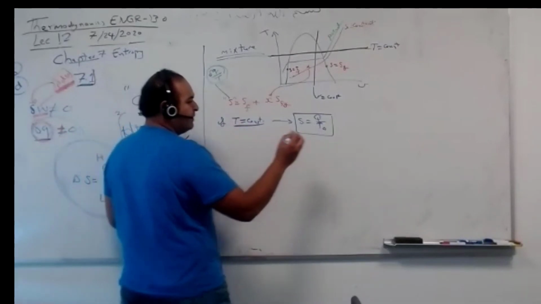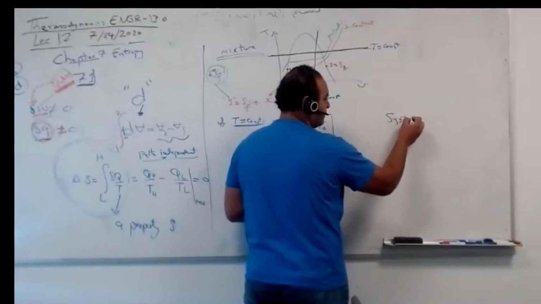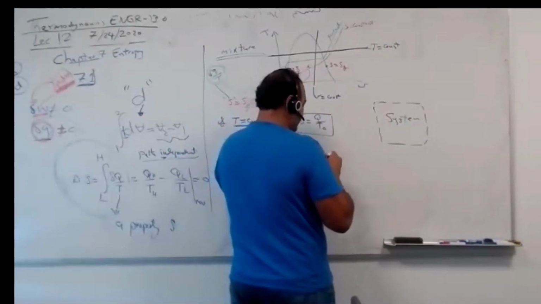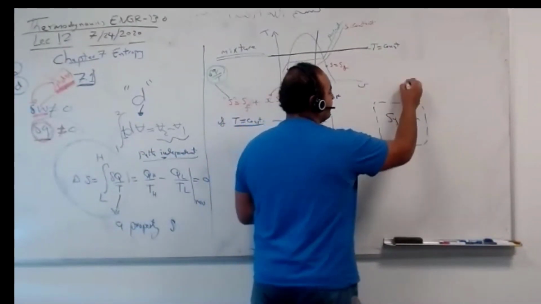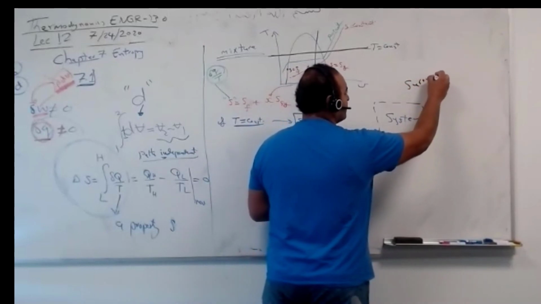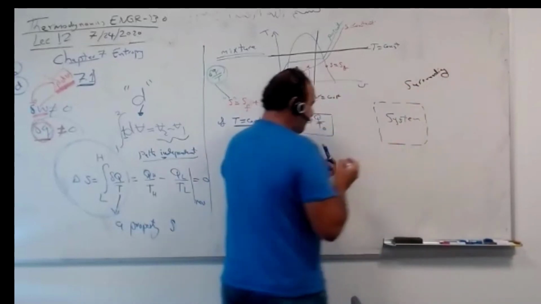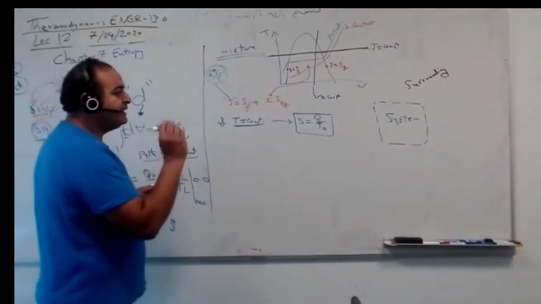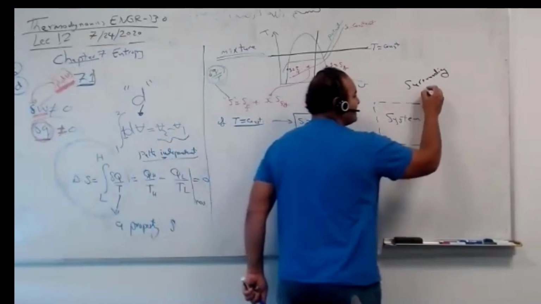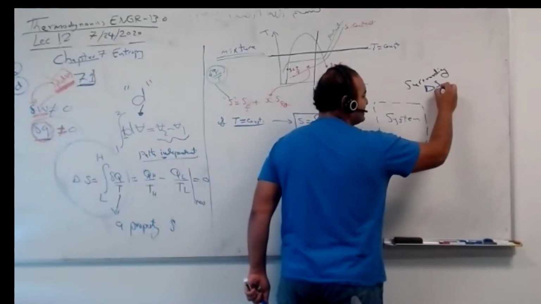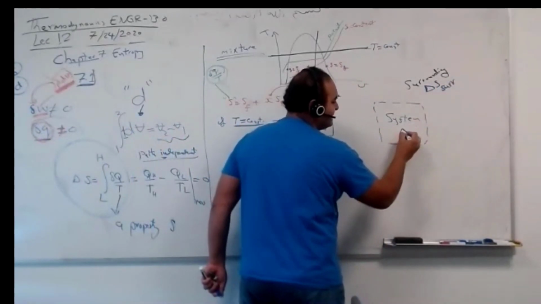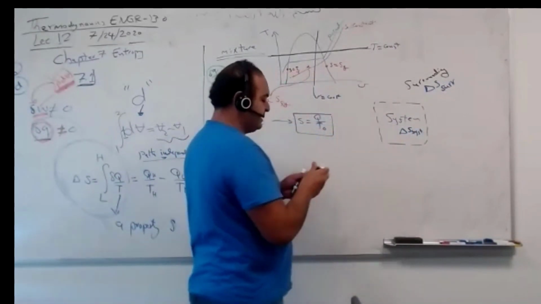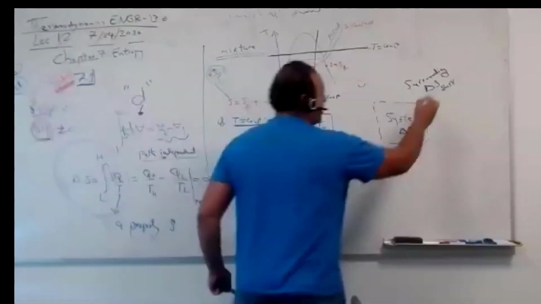So if you have a system and you have a boundary, of course outside we call it surrounding. We have here, guys, 3 delta S's: delta S surrounding, delta S system, and delta S generated, which is this plus this.